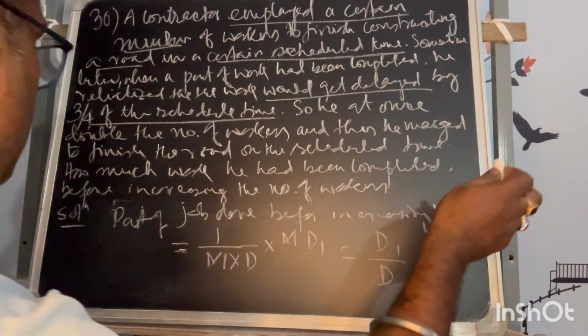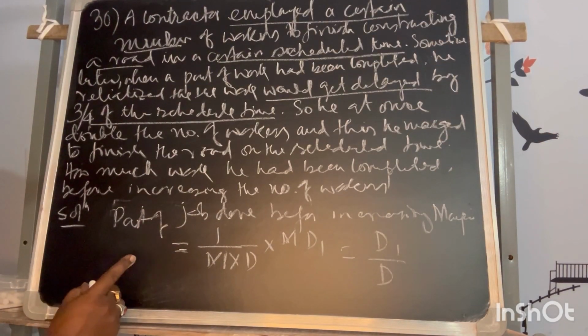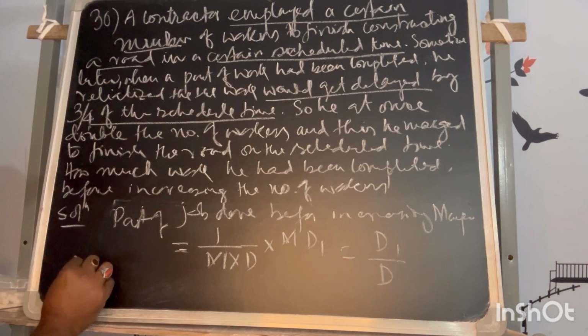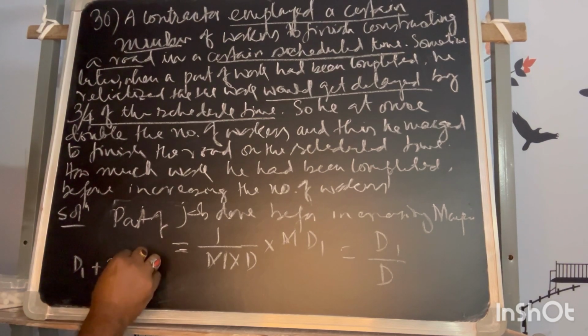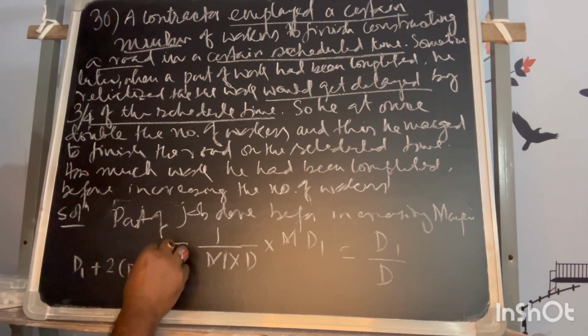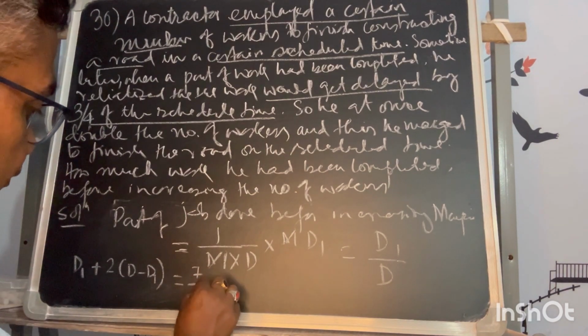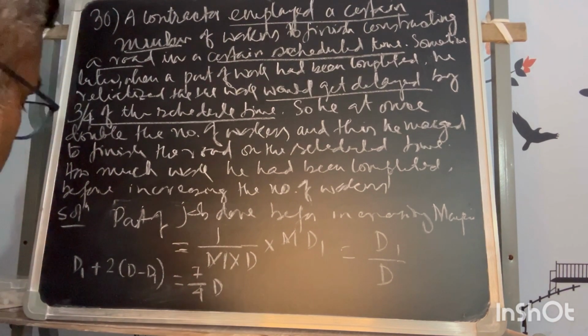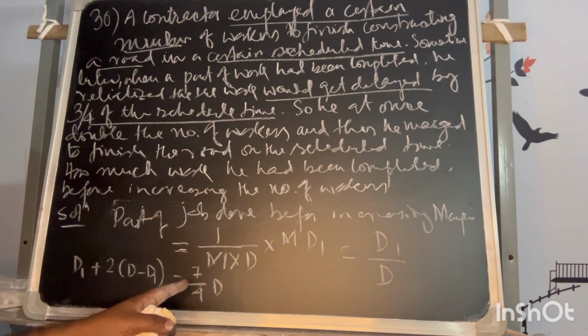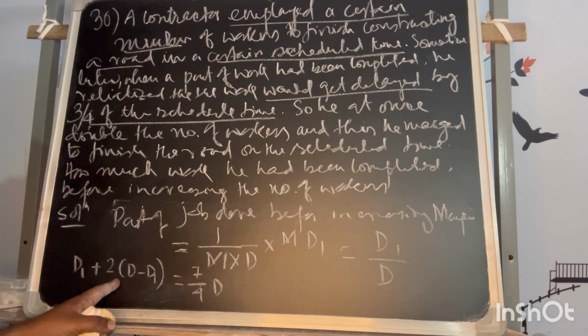What I have calculated there, the equation, that is equal to D1 plus 2 into D minus D1, and that they did in 7/4 into D. So that becomes 2D minus D1.